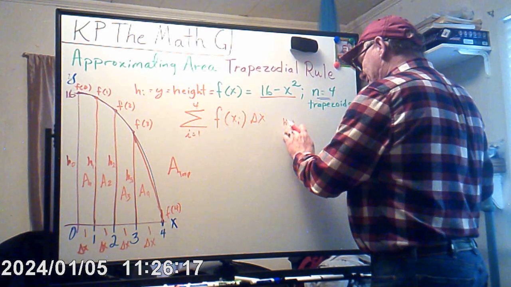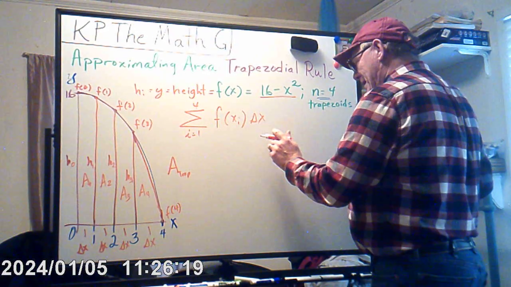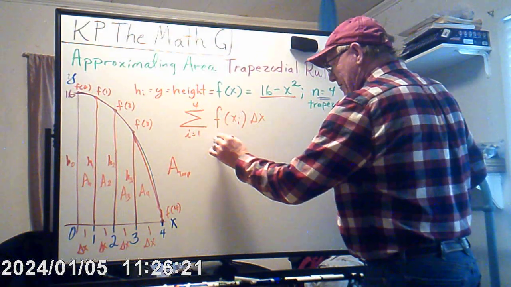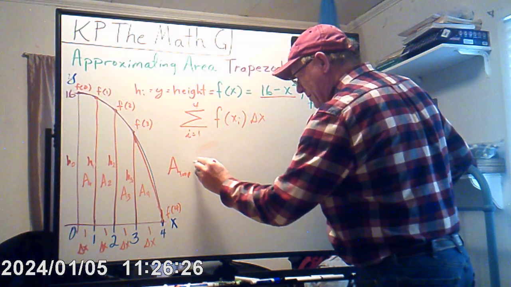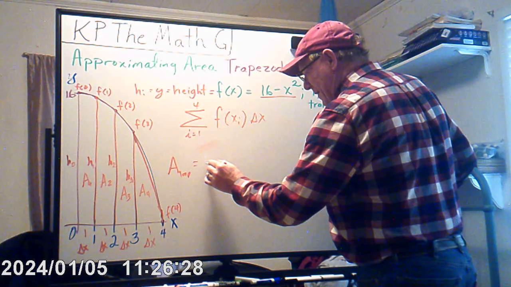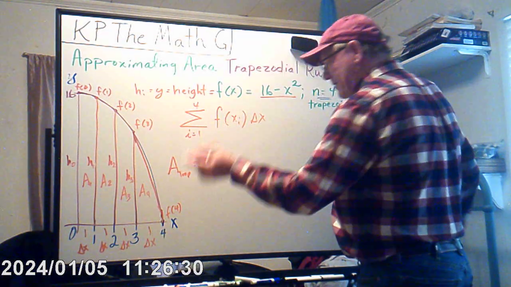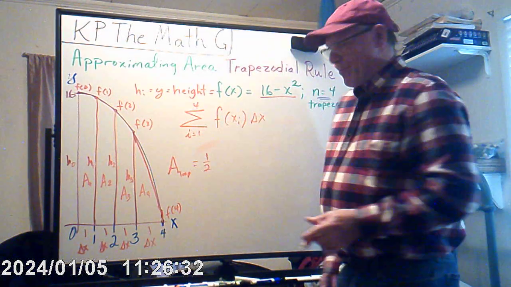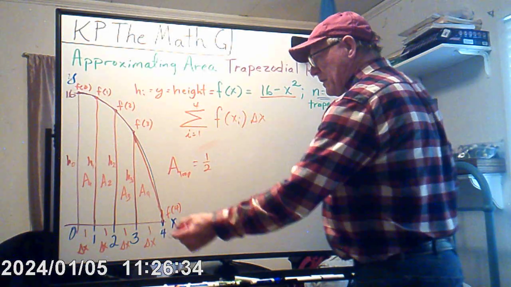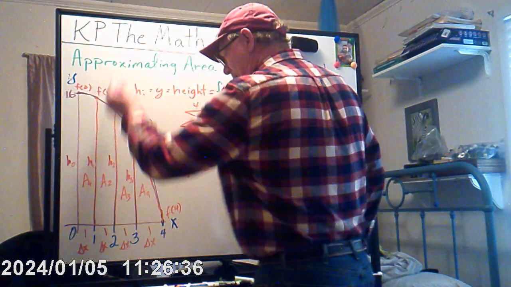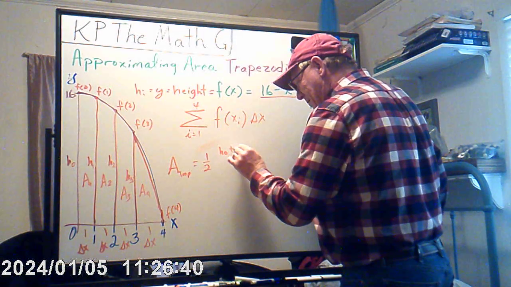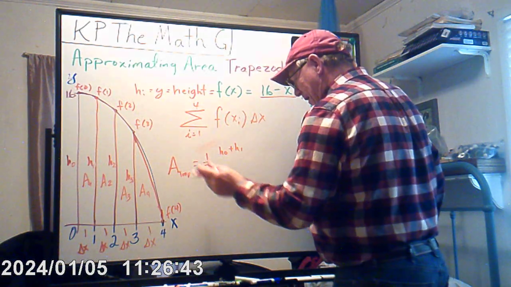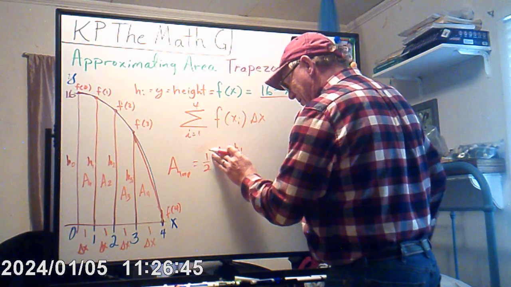So it'd be h of 0. Here's what we do. The area is equal to 1/2. I always multiply by 1/2. Base, height 1, height 2. So it would be h0 plus h1, and that's already times, well, it's already times that.